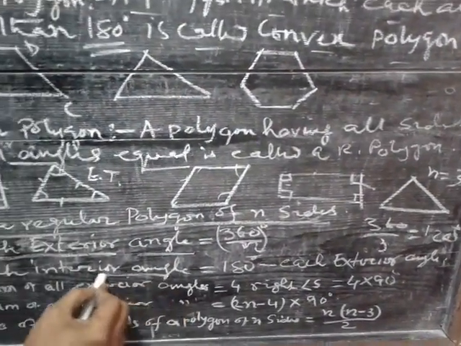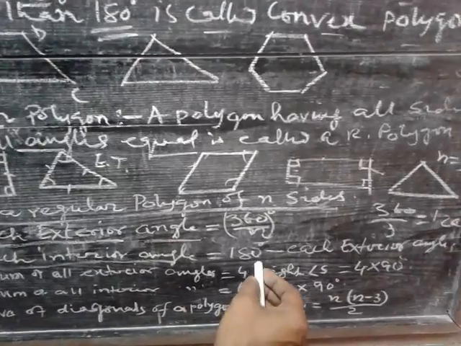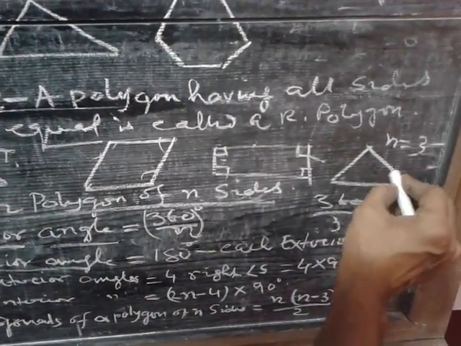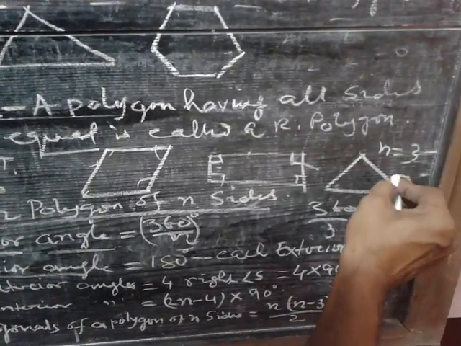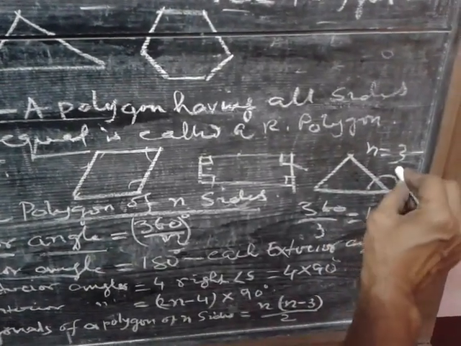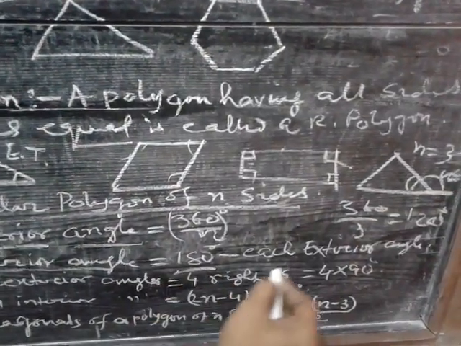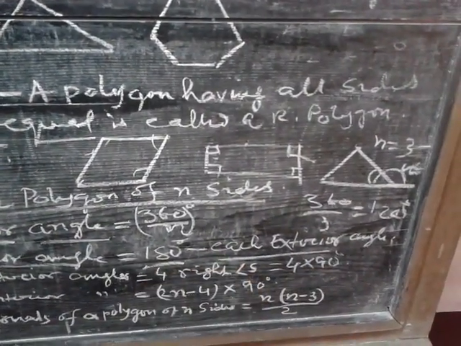Each interior angle: if I deduct the exterior angle from the total of 180 degrees, then the interior angle will come. So it is 180 minus the exterior angle.